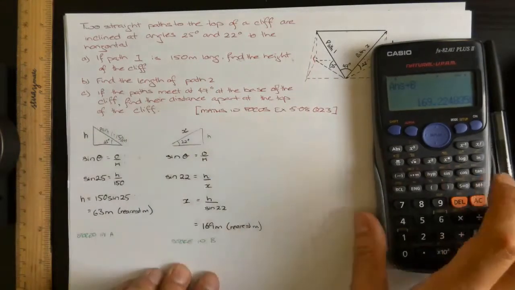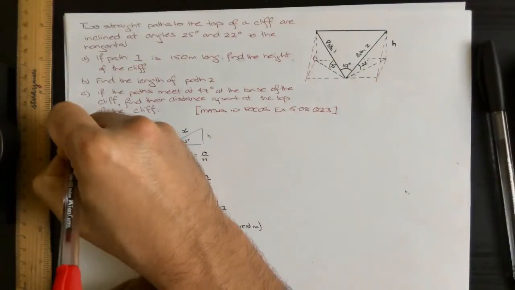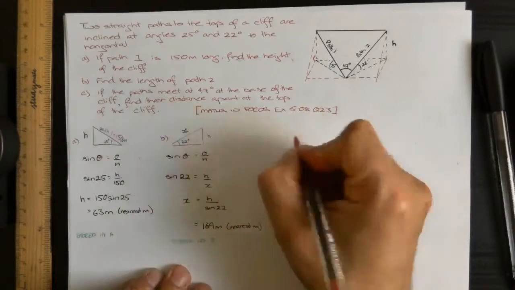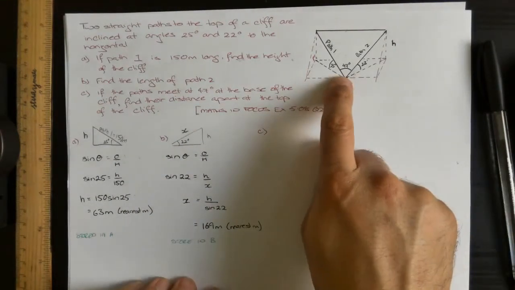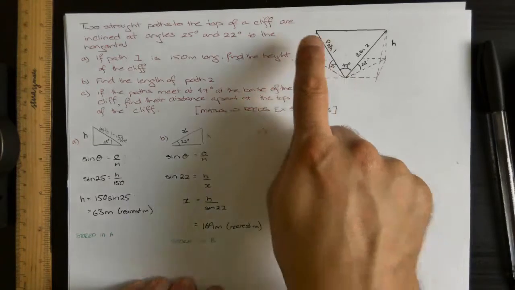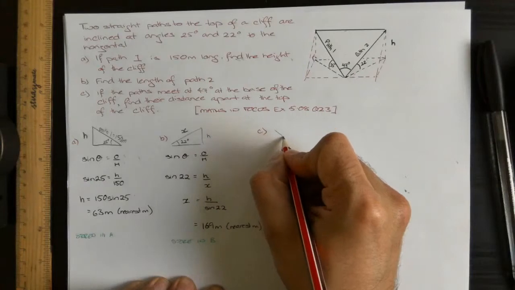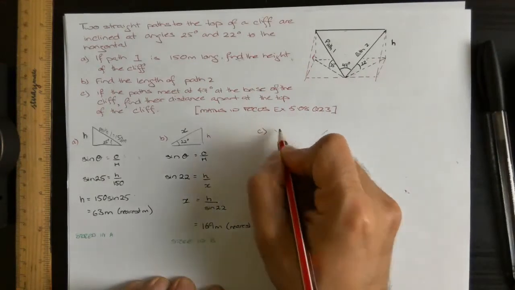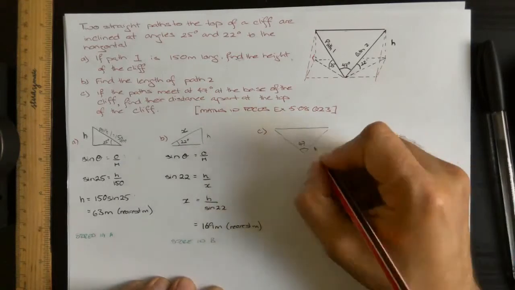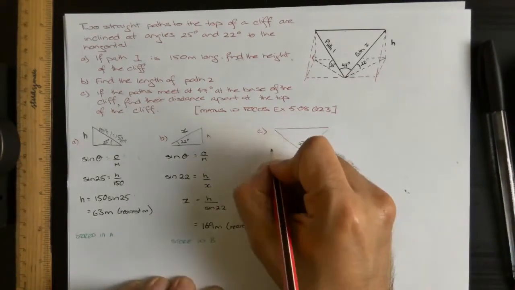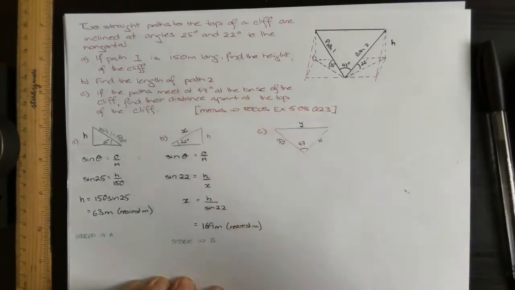This is part A, this is part B, and part C says, if the paths meet at 47 degrees at the base of the cliff, find the distance apart from each other. So what we have is a non-right angle triangle. That's 150, and I want to find what that is.